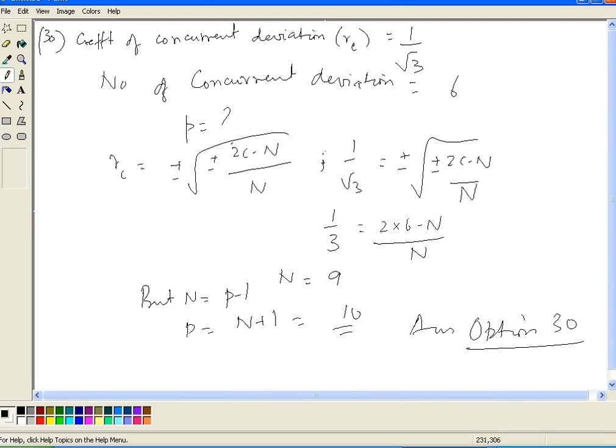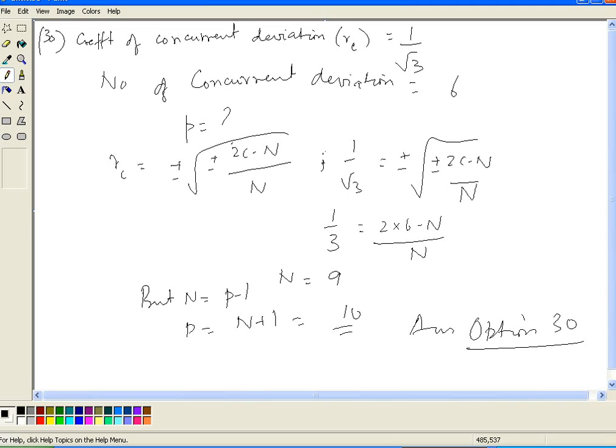Now RC is equal to plus or minus root of plus or minus (2C minus n) by n. Since RC is positive, in that plus or minus case we take only the plus, so when you square it you get 1 by 3 equal to (2 into 6 minus n) by n, so n works out to be 9. But we know n is equal to p minus 1, the number of observations minus 1.